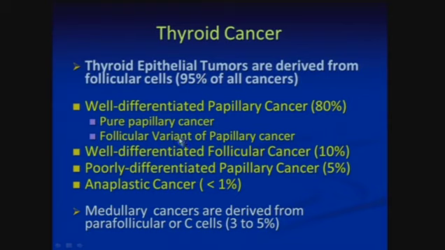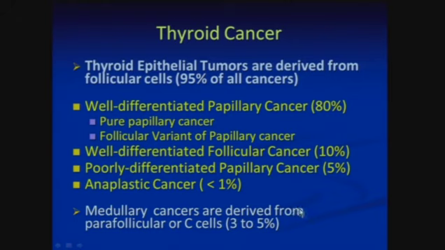This subtype has some microfollicle formation in it, and the pathologist, at their discretion, will divide between these two different types of papillary thyroid cancer. Less commonly, we have well-differentiated follicular cancer, and about 5% are poorly differentiated papillary cancers, and less than 1% anaplastic, the most aggressive type of thyroid cancer.